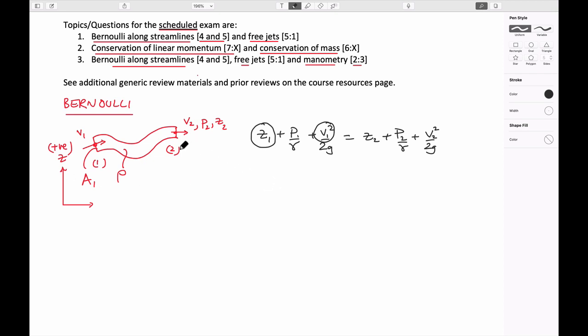And we have to be able to define which one of these we don't know and can therefore solve for, if we have all 5 other components, which have to be known.